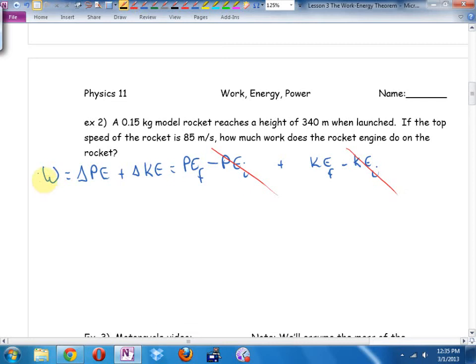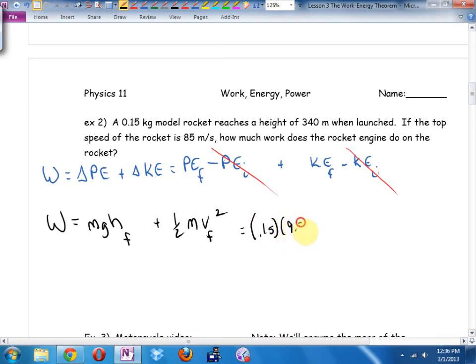Work equals mgh final plus a half mv final squared. And really by v final, what I mean is v max. Did they give me the... Oh, I think I can plug and chug. Let's see. They gave me the mass, 0.15.